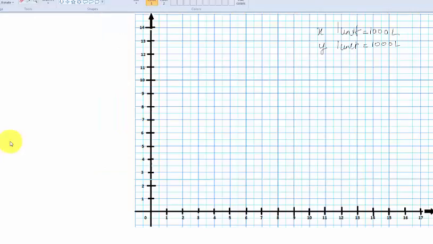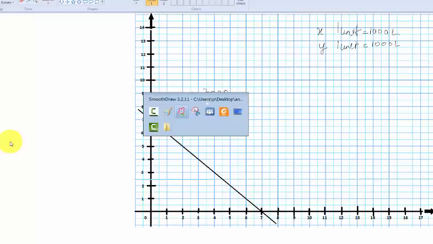Here both are 7000, so the straight line that I'm going to be drawing is going to be that to that. Okay, let me extend this line. This is my x plus y is equal to 7000.